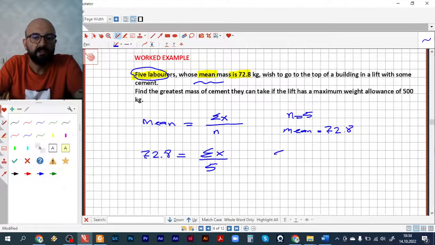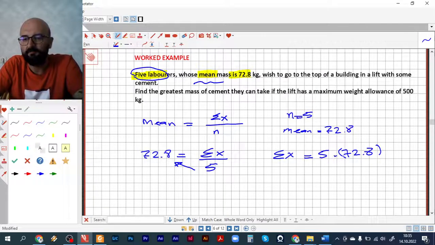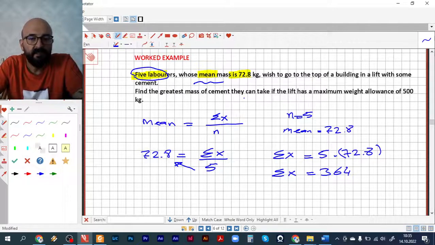If we want to find the sum of all x, it should be 5 times 72.8, and that is 364. So the sum of the 5 laborers' mass is 364.